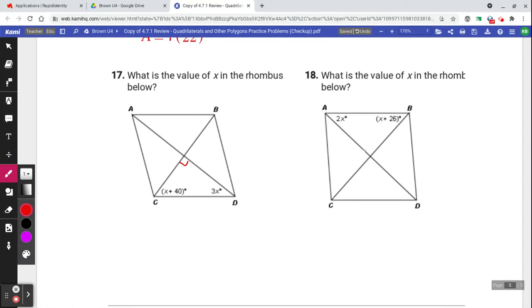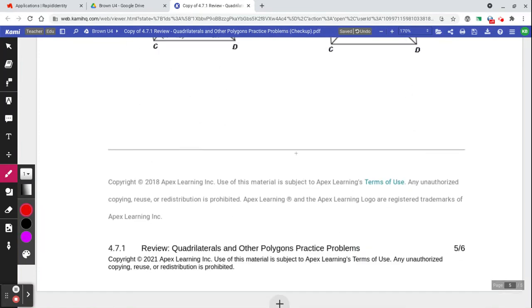Same exact thing here. I'm not even going to set them up. We've done quite a few of these. That's supposed to be a 90-degree symbol, but it's a little bad. Okay, so 90 degrees here, plus 2x plus x plus 26 is 180 by the triangle sum theorem for both of these. And I think we're done.